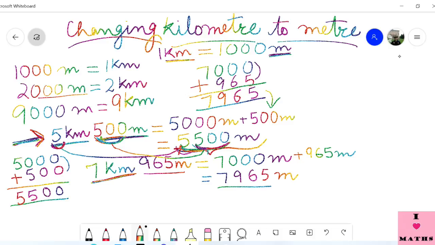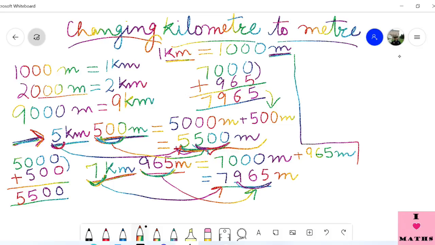Now this 7 is here and this 965 is here. So it has become 7,965 meter.